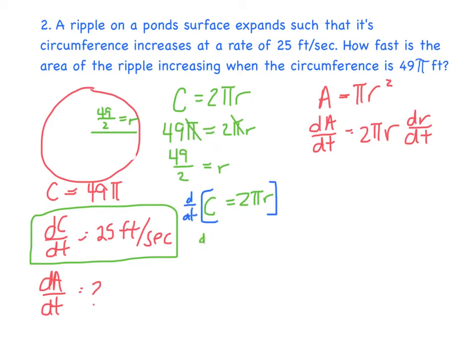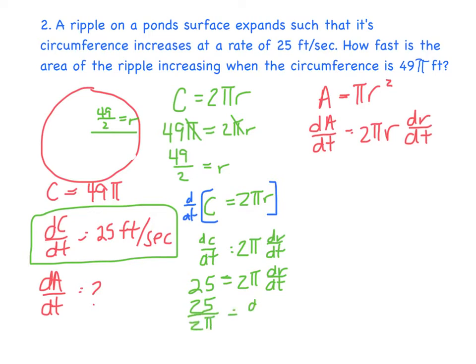I get dC/dt is equal to 2 pi, remember that's a constant, those are both just numbers, so they come down, and then the derivative of r is dr/dt. So dC/dt I know, that's 25, equals 2 pi dr/dt. Very quickly, I can solve for dr/dt. It's just 25 divided by 2 pi equals dr/dt.